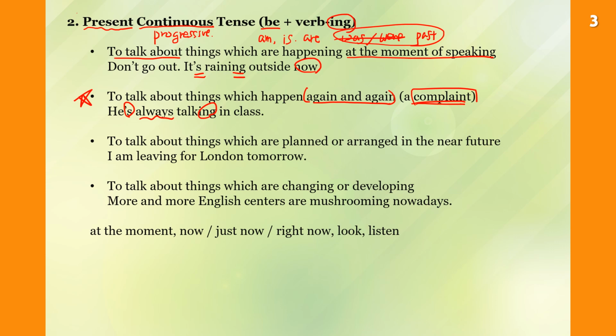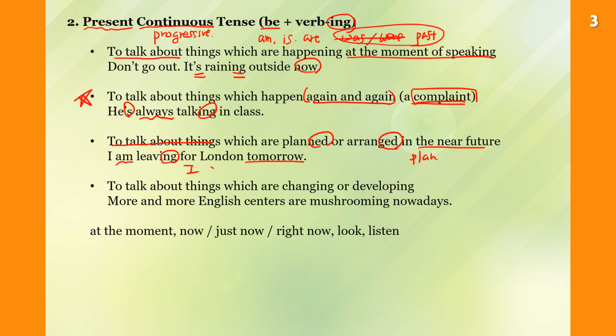or present continuous. You use present continuous to talk about things which are planned or arranged in the future. So this is in a way future, when you talk about a plan, you can use present continuous. I'm leaving for London tomorrow. So this is tomorrow, future, but you use present continuous.